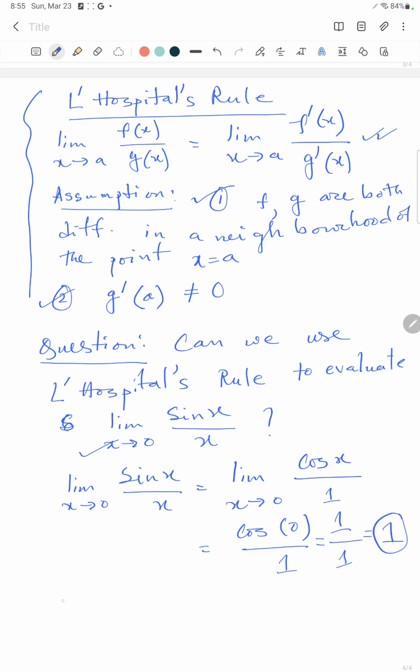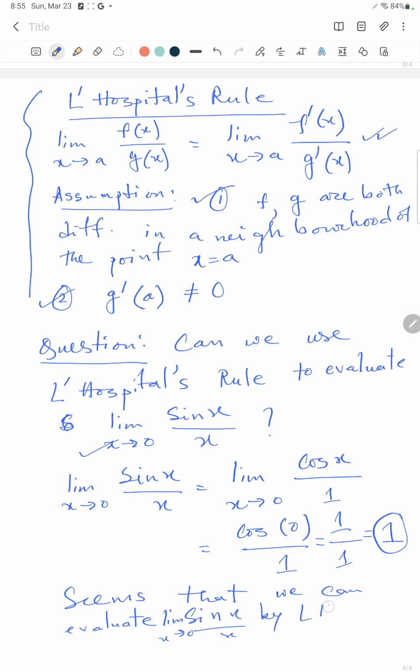So essentially it seems that we can evaluate this by L'Hopital's rule, but where is the difficulty?